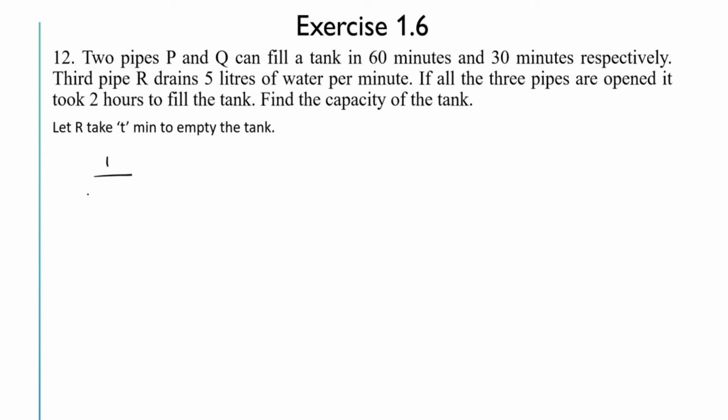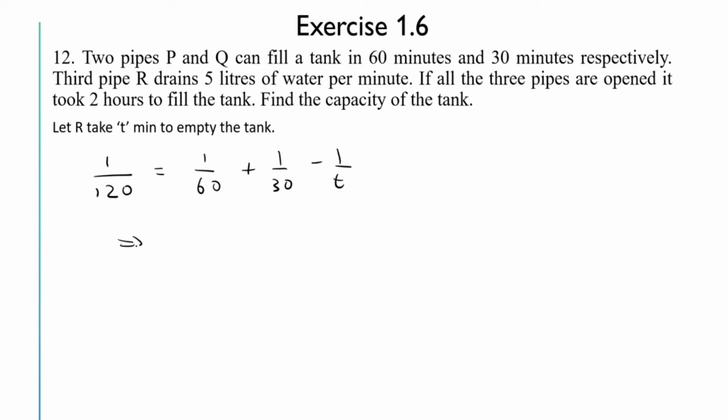So 1 by 120 is equal to the part filled by P in 1 minute plus the part filled by Q in 1 minute minus the part drained by R in 1 minute. So 1 by 120 is equal to 1 by 60 plus 1 by 30 minus 1 by T.